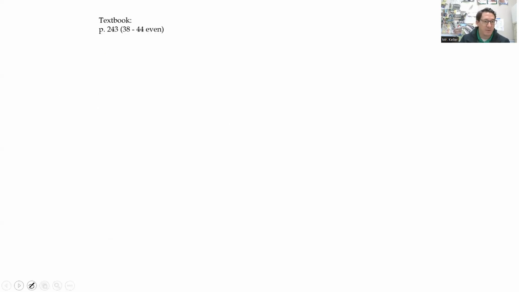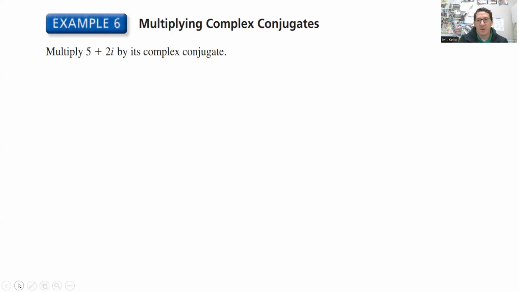So we practiced some multiplication. Next, we're going to multiply by the conjugate. I'm going to start with my 5 plus 2i. The conjugate is all that is: if it's plus, the conjugate becomes a minus, and if it's minus, it becomes plus, but everything else is the same. That is the only difference. Multiply it together.